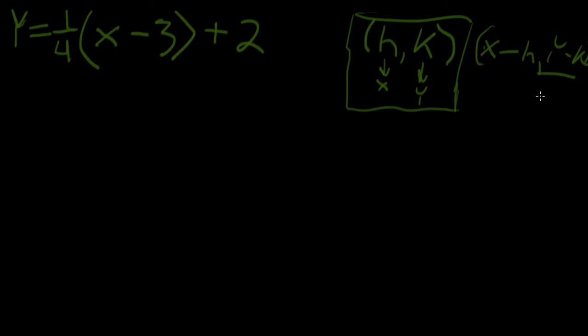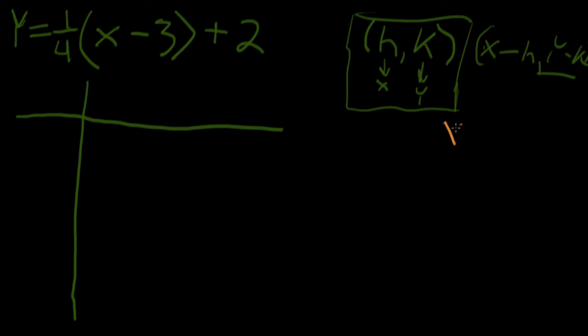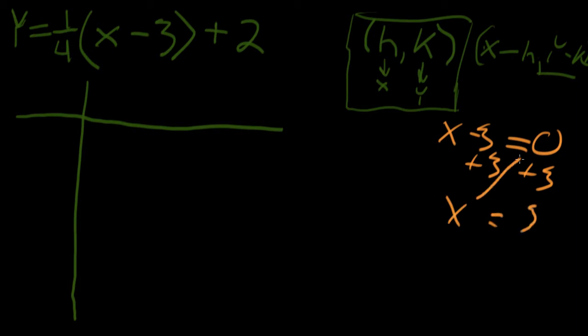I'm going to do the same thing with the x, and the first point I'm going to find will be the vertex point, because that's your x equals 0 point. Well, if x minus 3 equals 0, then x equals 3 is the point where x is 0.